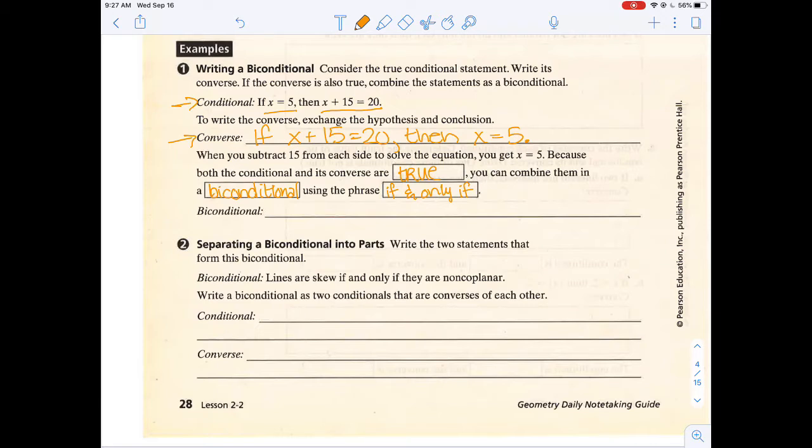So we would say x equals 5 if and only if x plus 15 equals 20. That is our biconditional statement, because it's true both ways.